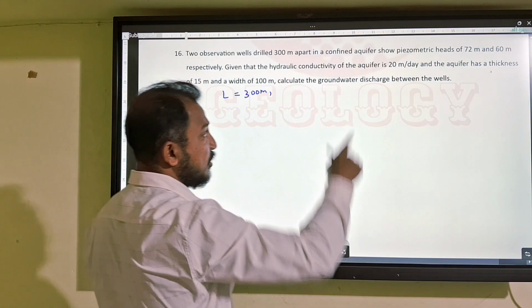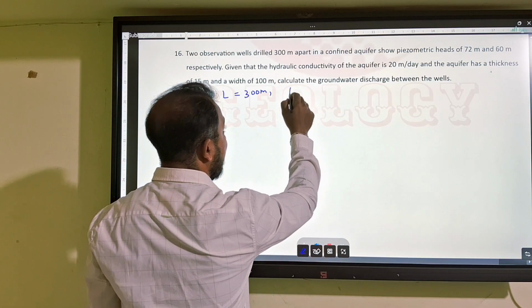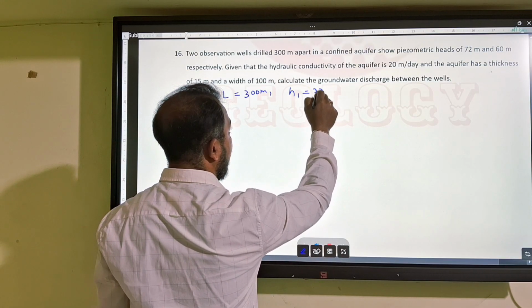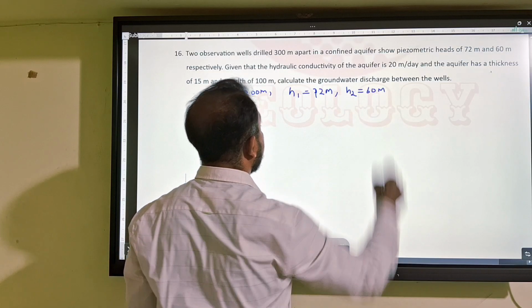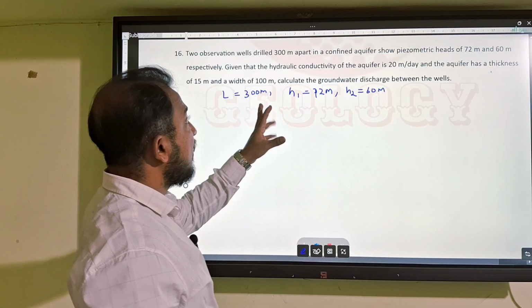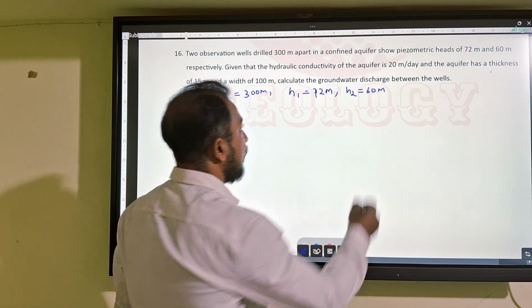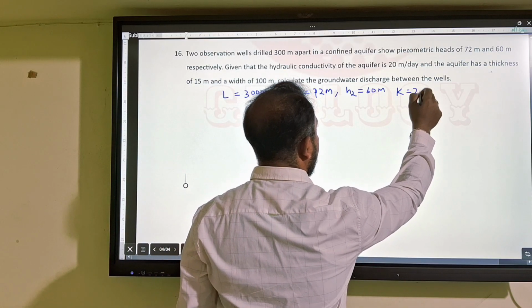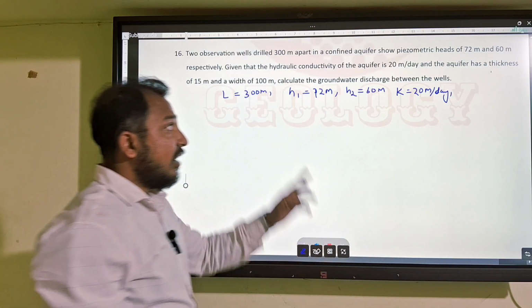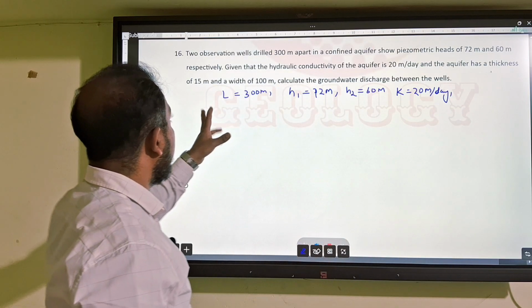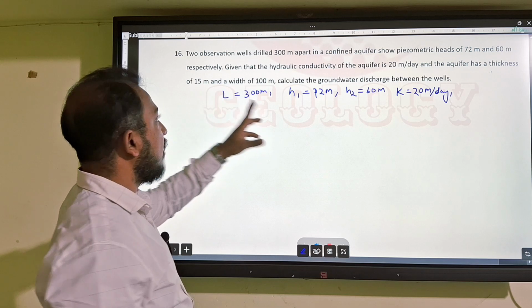Now piezometric heads we can take as H1 72 meter and H2 60 meter. The hydraulic conductivity K is given 20 meter per day, and the aquifer has a thickness of 15 meter and width of 100 meter.